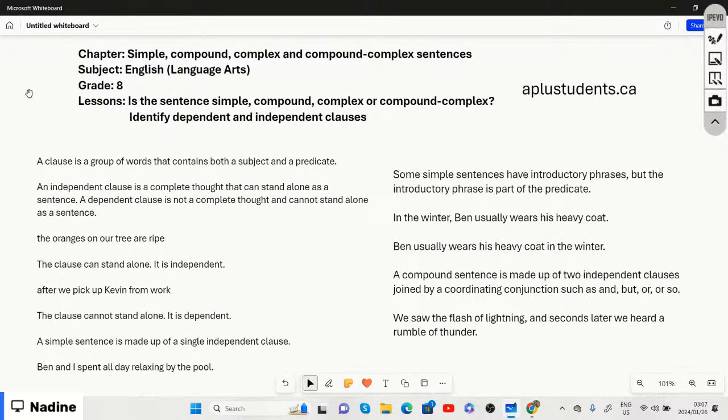And an independent clause is a complete thought that can stand alone as a sentence. So a clause is a group of words that contains both a subject and a predicate, and an independent clause is a complete thought that can stand alone as a sentence.